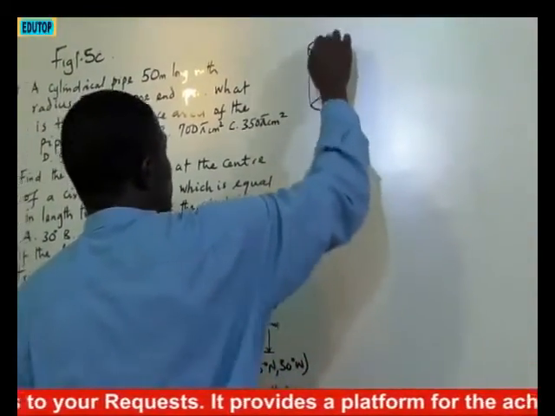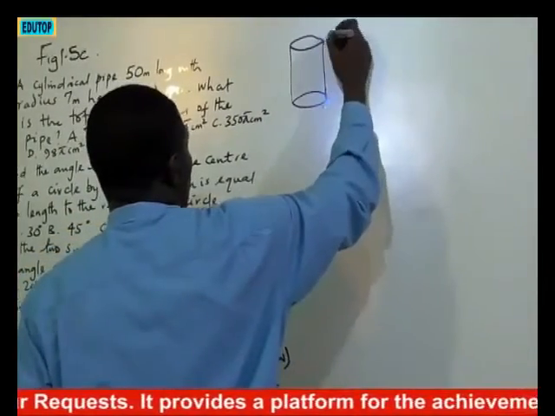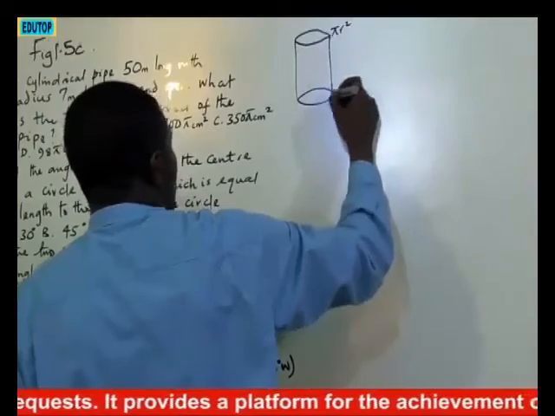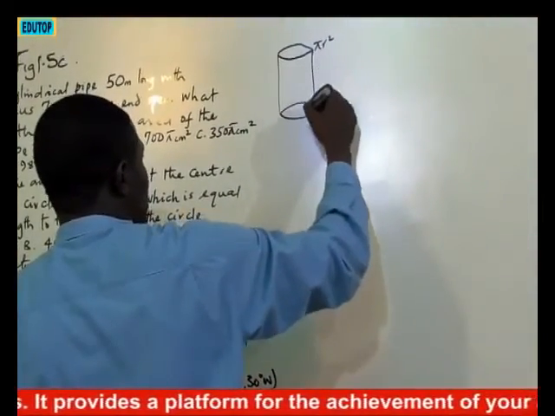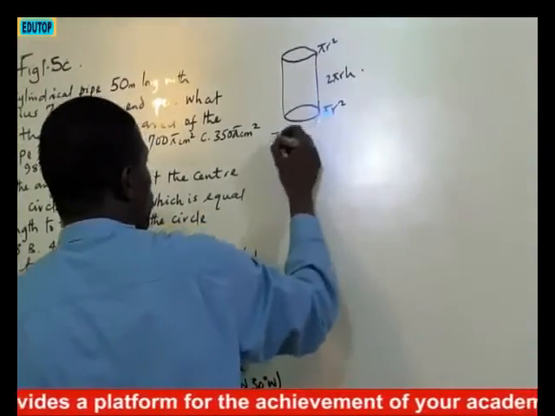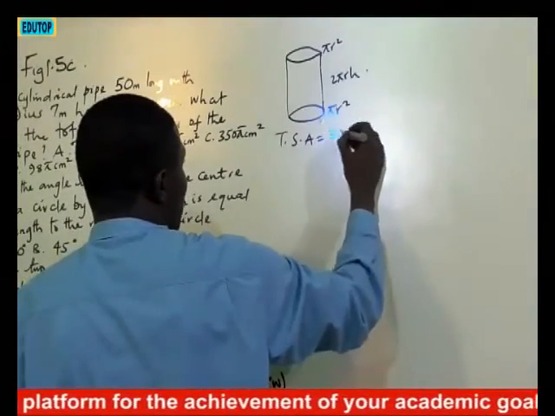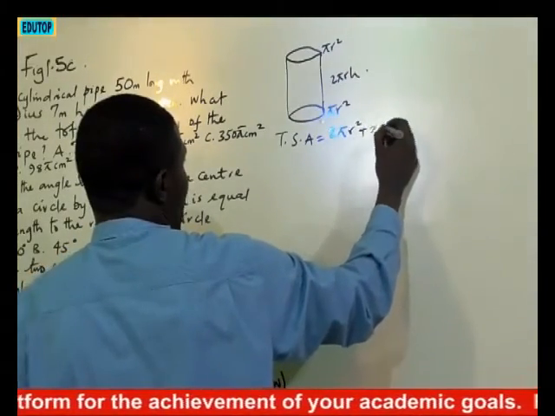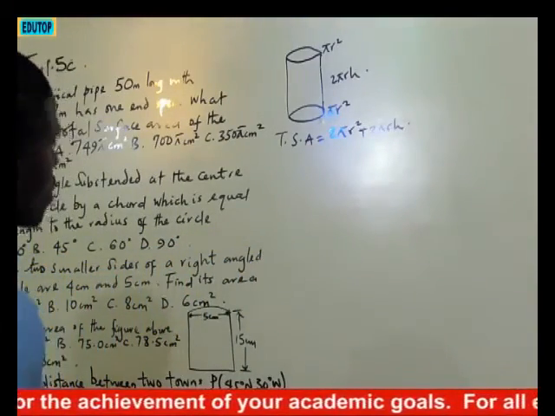You have two circles here, the base and the top. The area of a circle is pi r squared, and the same for the other. Then the curved surface area, together with the height, is 2 pi rh. So the total surface area is 2 pi r squared plus 2 pi rh. That is for a closed cylinder.